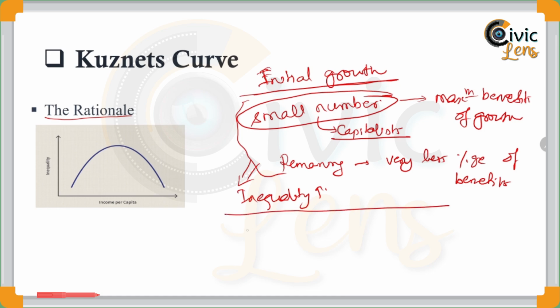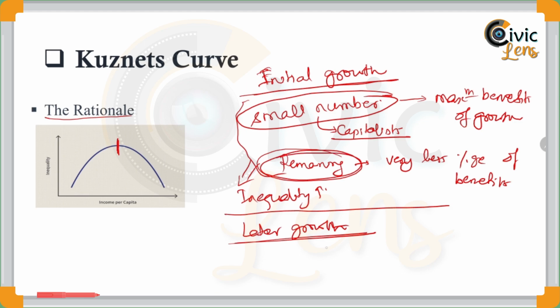But what happens in later growth? As the economy has already crossed this middle income level, and has already matured by now, this remaining population, which was getting a very small percentage of benefit in the initial growth, starts getting more opportunities of jobs and other economic activities, right?